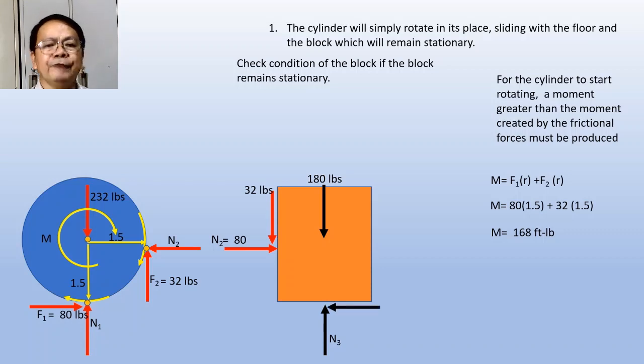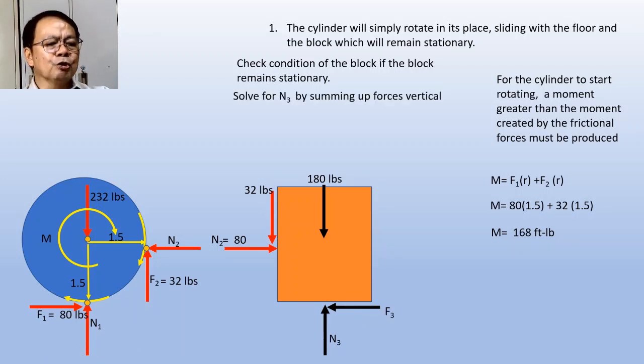And there will be a frictional force that will be developed between the floor and the block, because the tendency of the block is to be pushed to the right by this normal force, and therefore there will be an impending motion of the block in that direction, directed to the right. Hence, the frictional force that will be exerted by the floor should be directed in the opposite direction as the direction of the impending motion of the block, which is directed to the right. Hence, the frictional force will be directed to the left, and we call this as F sub 3.